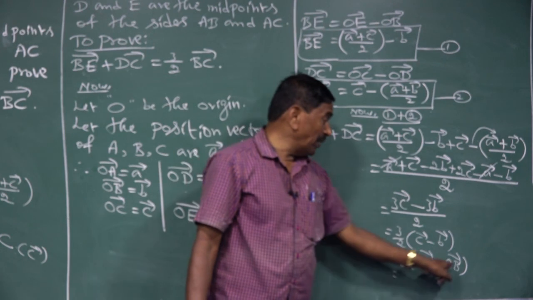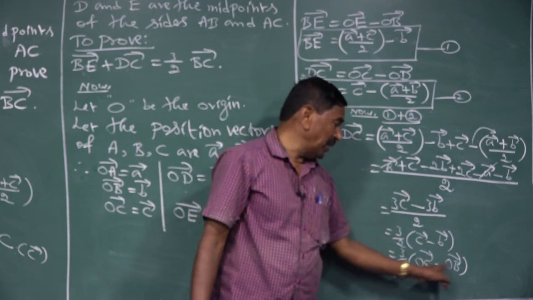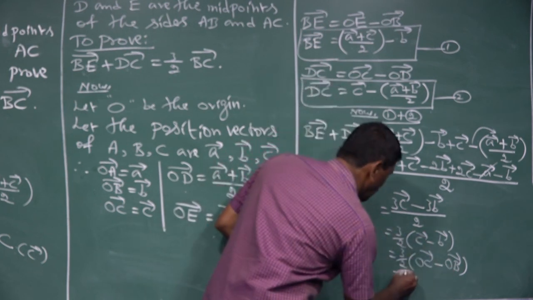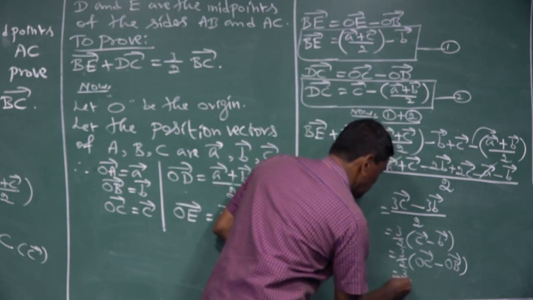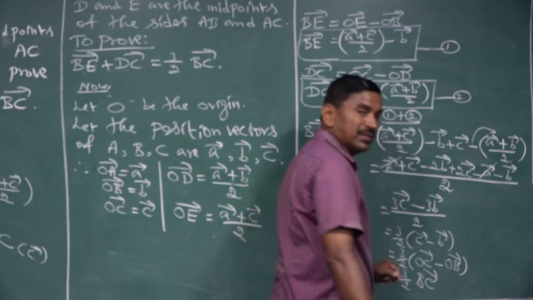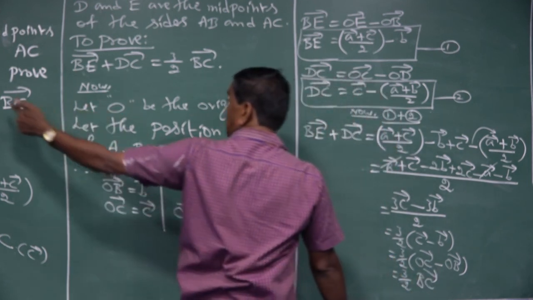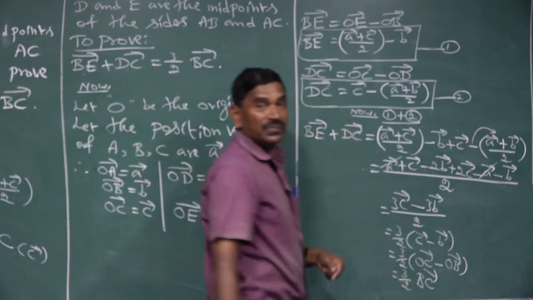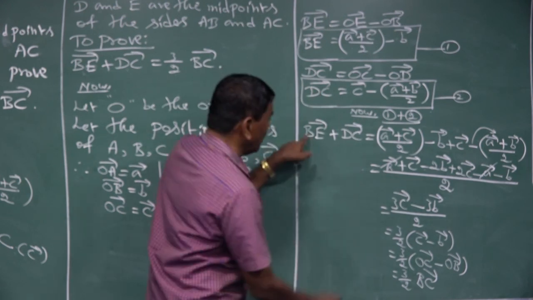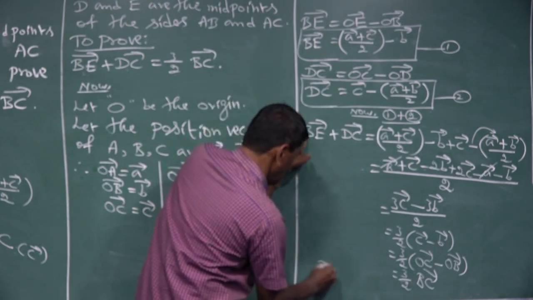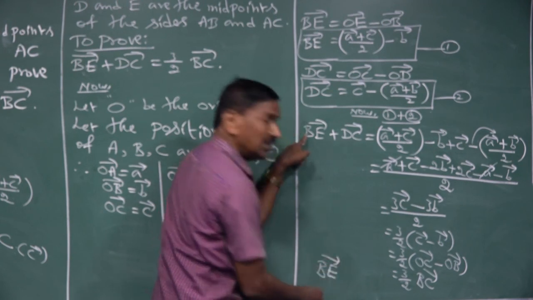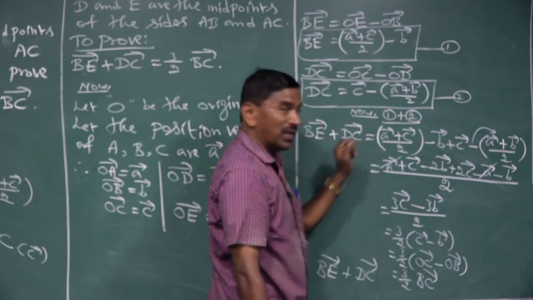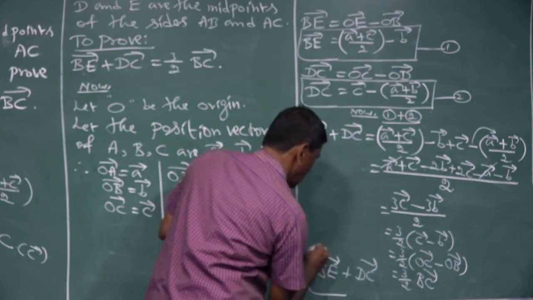Likewise, OC minus OB means B first and C second, which is BC vector. So 3 by 2 into BC vector. Therefore, BE vector plus DC vector is equal to 3 by 2 into BC vector. Hence the result.